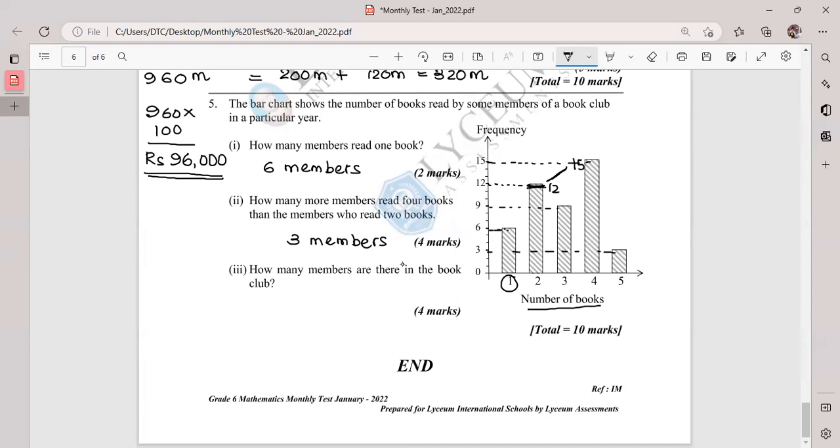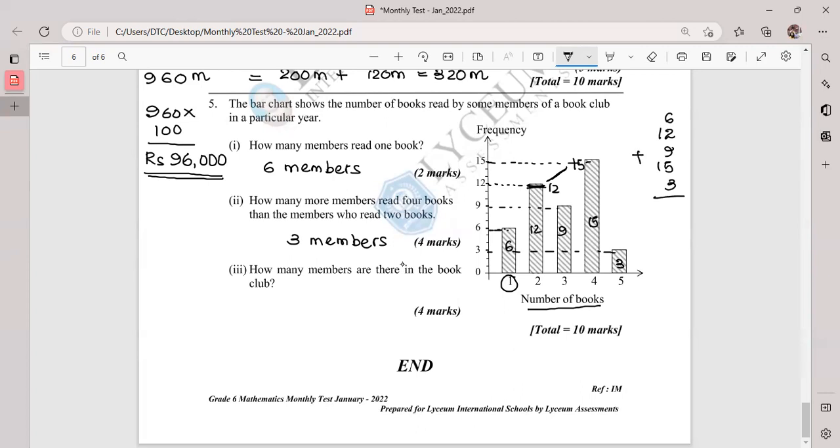How many members are there in the book club? Here it is 3, here it is 15, and 9, 12, 6. So you want to add them together, right? 6, 12, 9, 15, and 3. You can add them together.